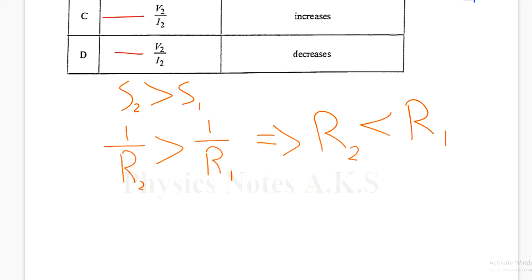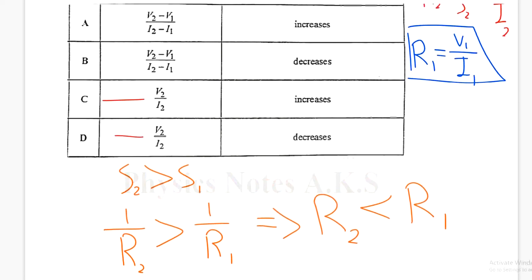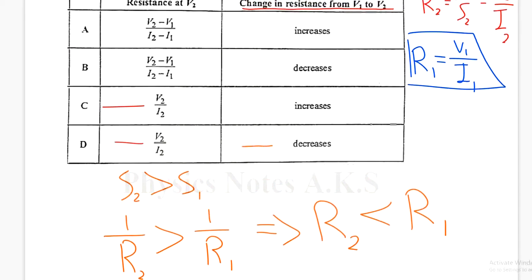When I flip the two sides, I must change bigger to smaller. So actually the resistance will decrease. The resistance will decrease, so it's here. The correct answer is D.